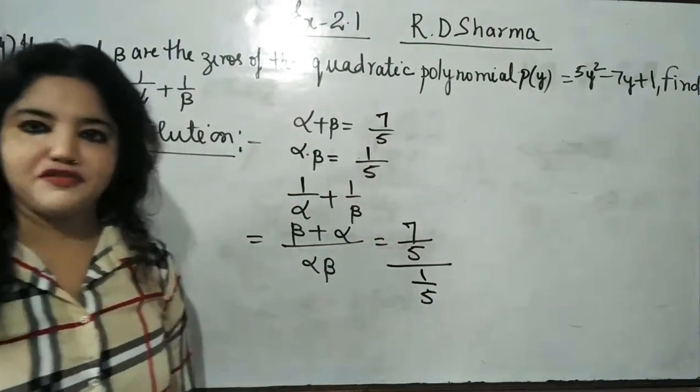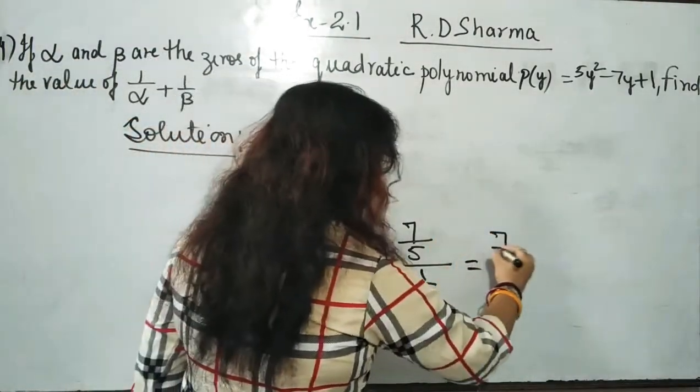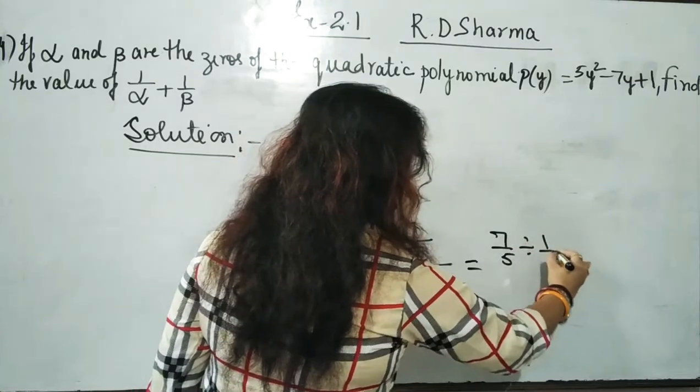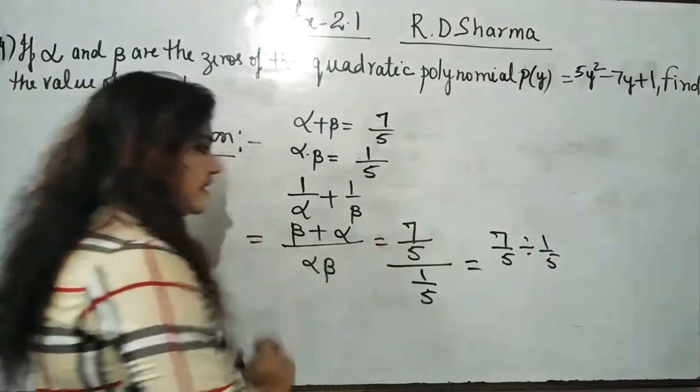So can we write it like this? 7 upon 5 divided by 1 upon 5.